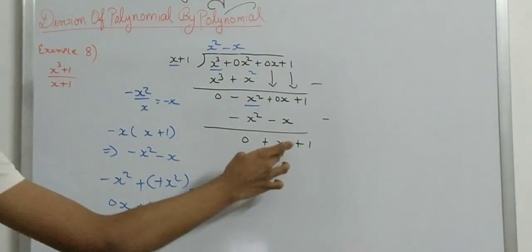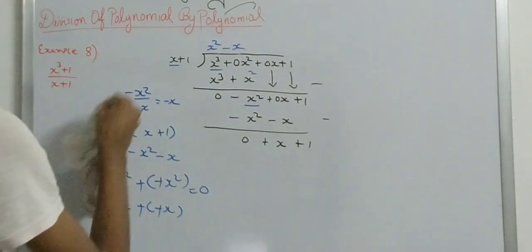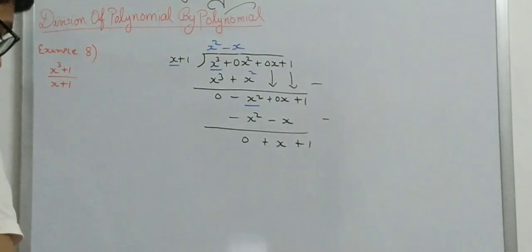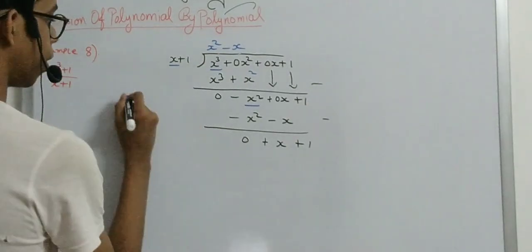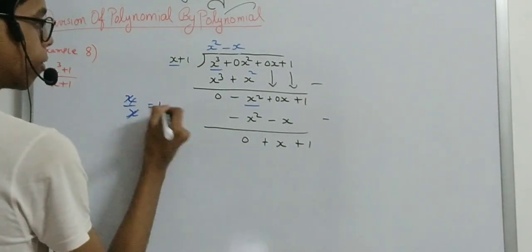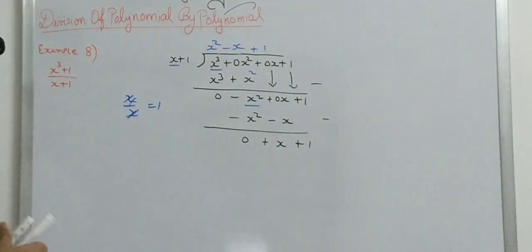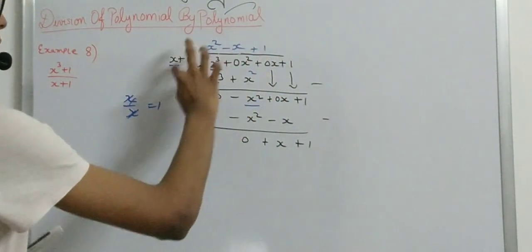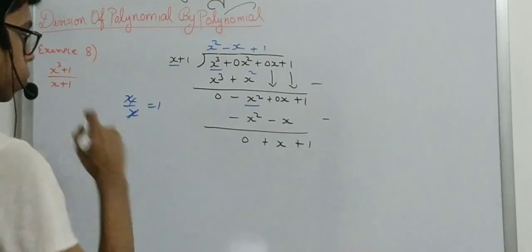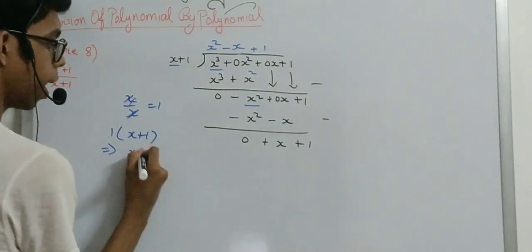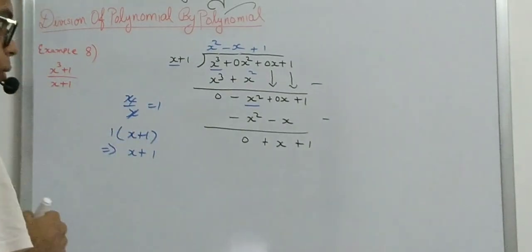Again divide this x with this. So when you do x by x, what will you get? Plus 1, isn't it? So when we do x by x, it cancels and we will be getting plus 1. Write that over here. Now what should you do? Multiply this 1 with this x plus 1. So 1 into x plus 1 is equal to x plus 1 itself, isn't it?